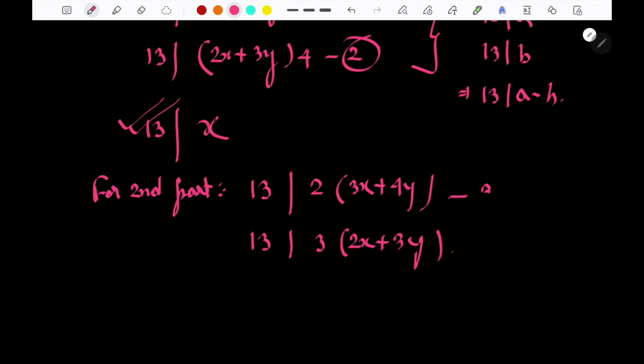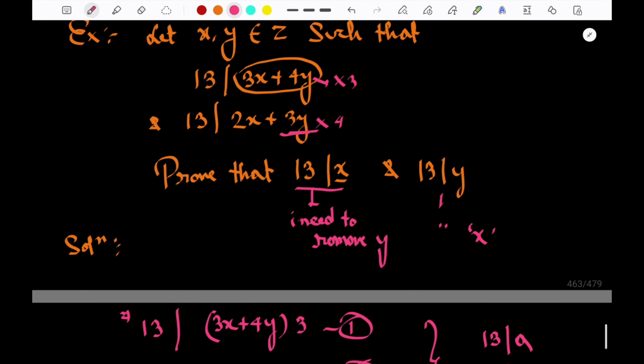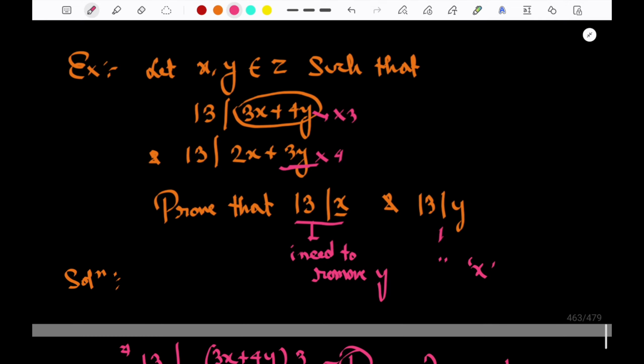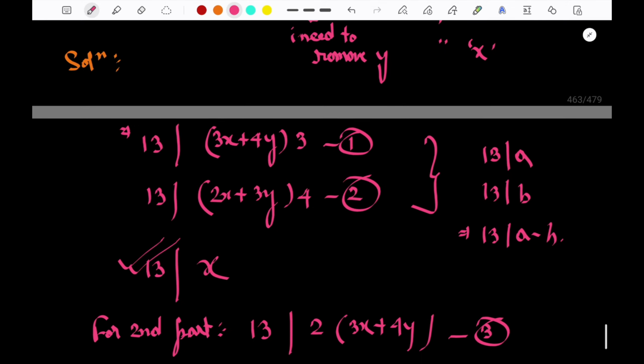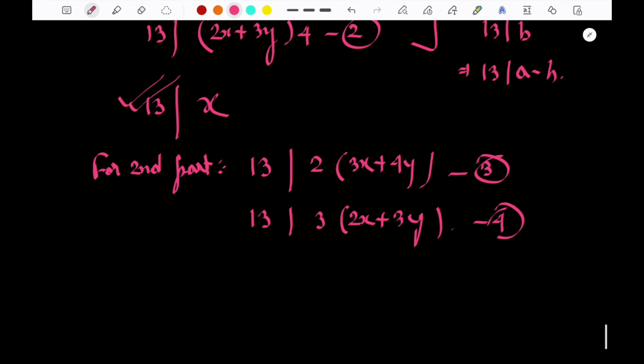So this is third, this is fourth. Now I'm sorry, this is 3, so I have to multiply with 2. I need to eliminate x, which I have already proven, so this time I need to prove for y. True, correct.